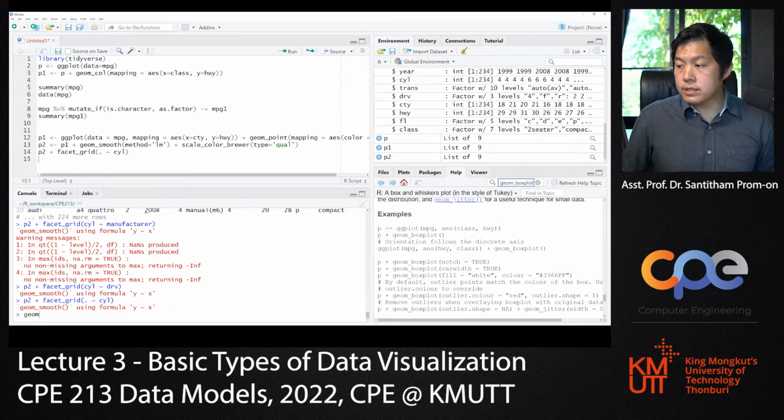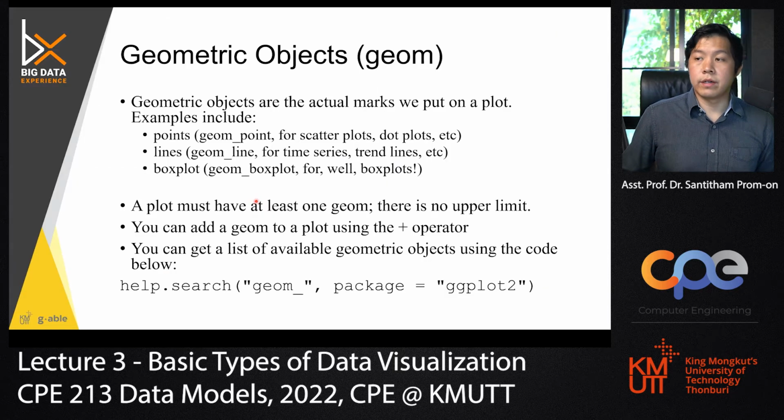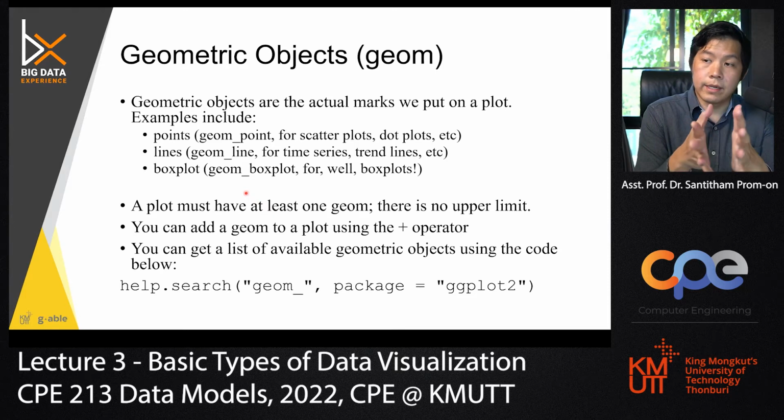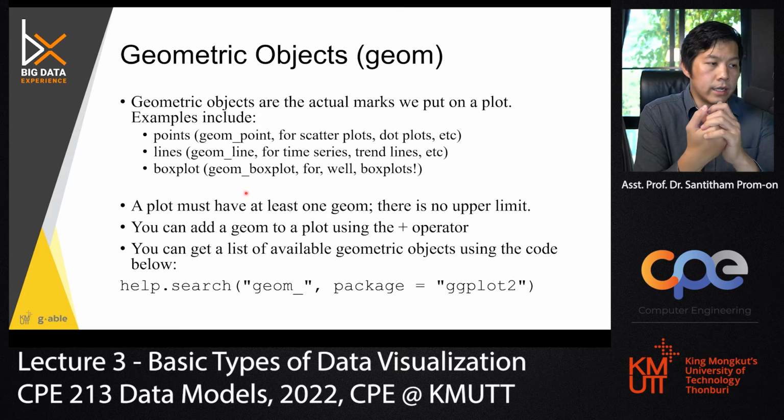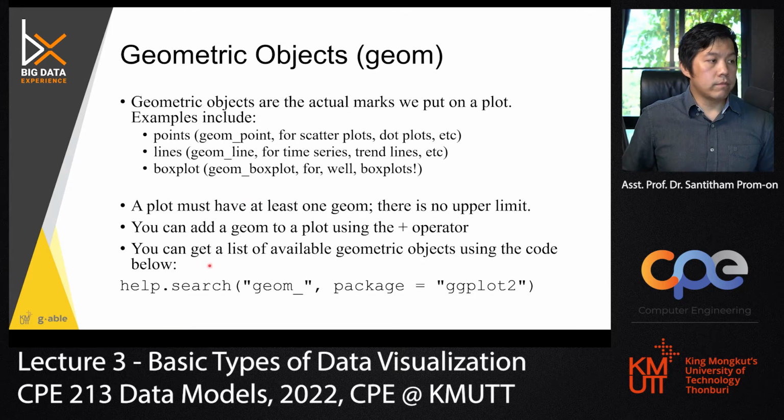So it means that different types of geometric objects will require different types of aesthetic. There's no upper limit. You can specify a number of aesthetics in geometries, and you can add geoms on top of one another.